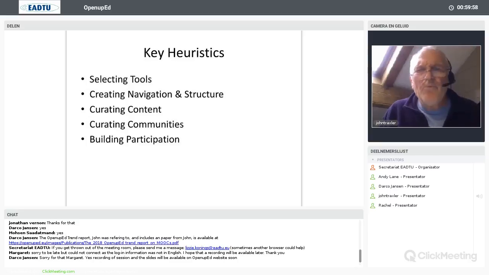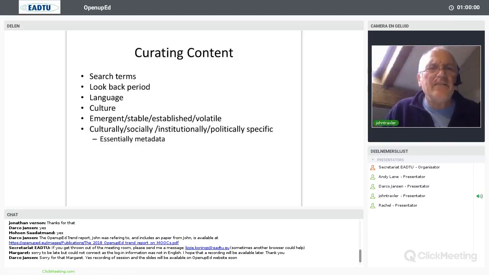So for example, when I say curating content, I'm talking about what content you want yourself as the educator, and then your learners as they take over the responsibility. What are the heuristics for incorporating content into the MOOC for everyone to learn from?